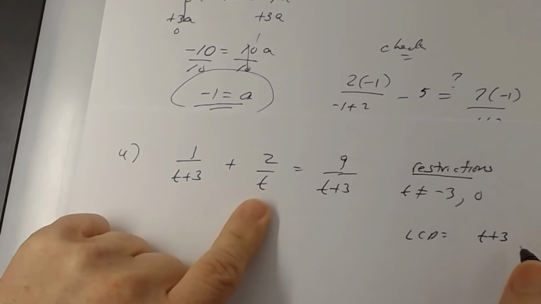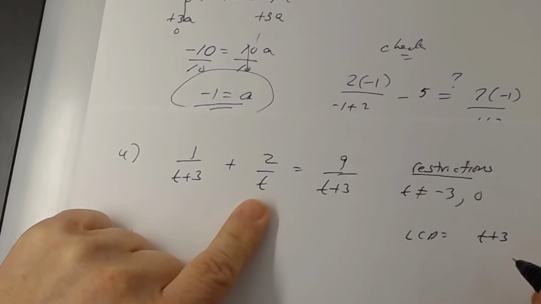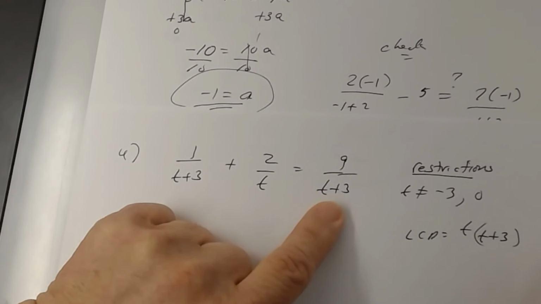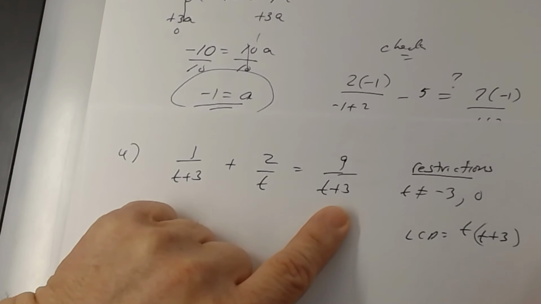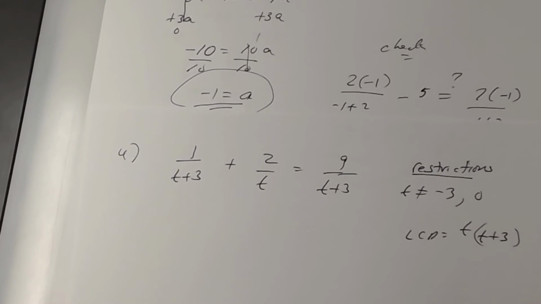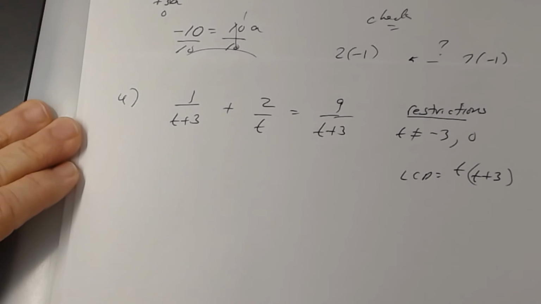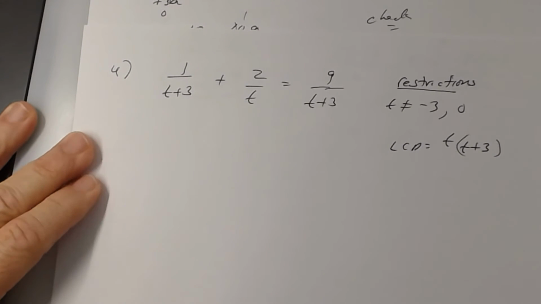If I want to get rid of this t, then I've got to also have a factor of t. If I want to get rid of this denominator, then I've got to multiply by t plus 3. Do I have a t plus 3 already listed in my LCD? Yes. So what's your LCD? T times t plus 3. That's your LCD.